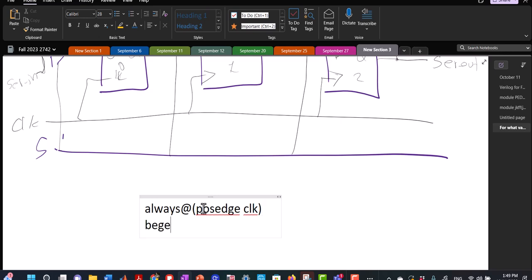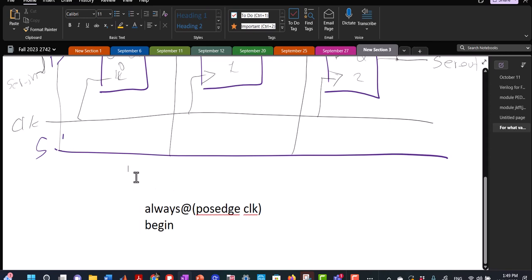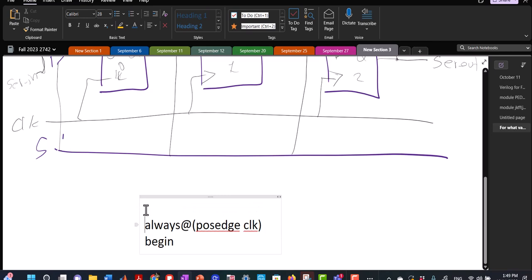Then I have to have a begin here because I have more than one thing, and I'm going to say that I defined up here next state.